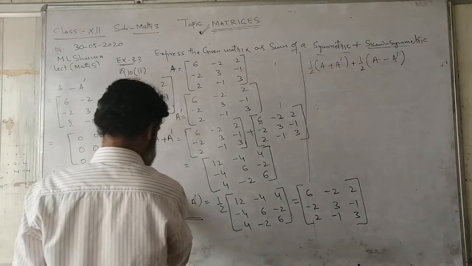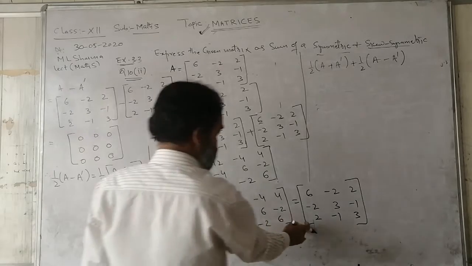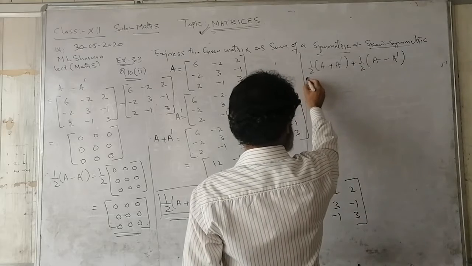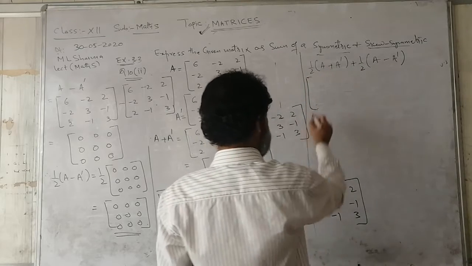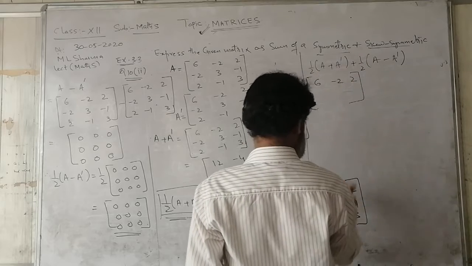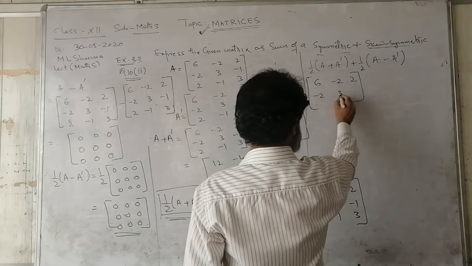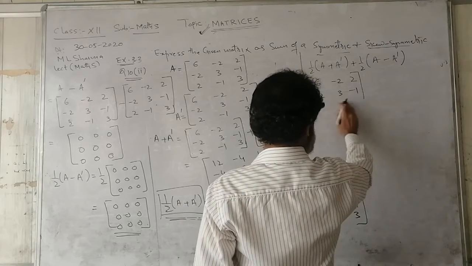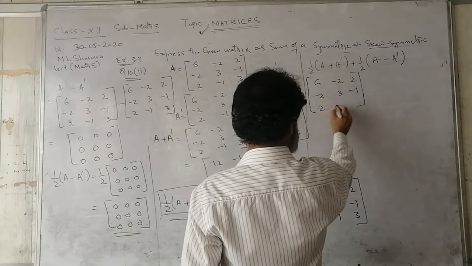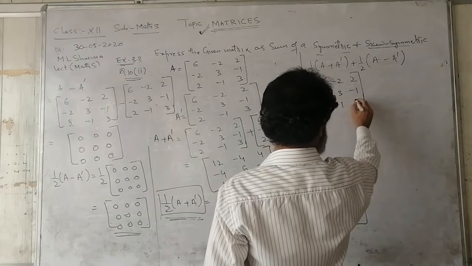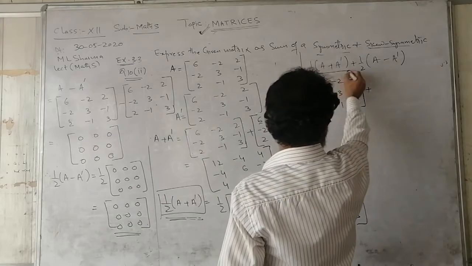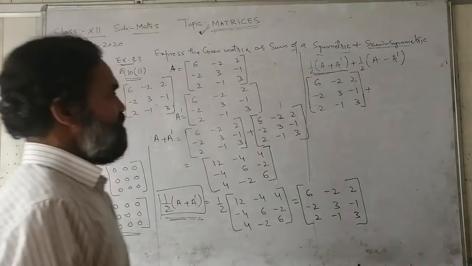So instead of half A plus A transpose, I can write its value: 6, minus 2, 2, minus 2, 3, minus 1, and 2, minus 1, 3. So this is the value of A plus A transpose.